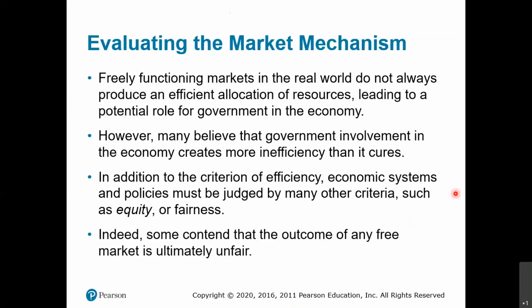Some contend outcome of any market is unfair. How do you measure fairness? How do you want to do that? That's up to you guys. That's not my job. I'm going to leave fairness questions for you guys to answer.